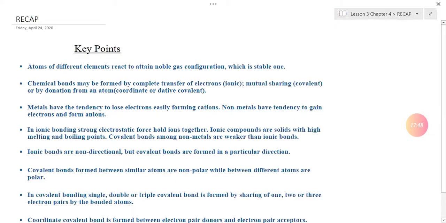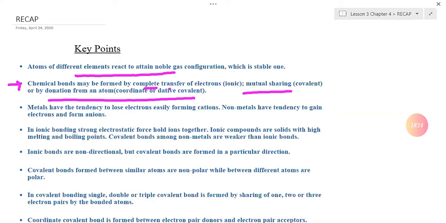Let's have a quick recap now. In this lesson we talked about the stability of atoms, how they want to attain noble gas electronic configuration, and why and how this is done. Then we talked about chemical bonds, which involve complete transfer of electrons, mutual sharing of electrons, and coordinate covalent bonds as well.